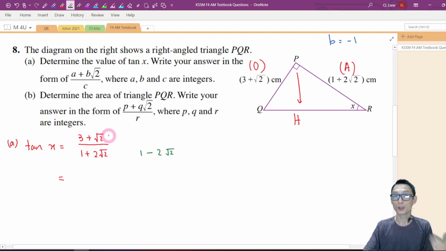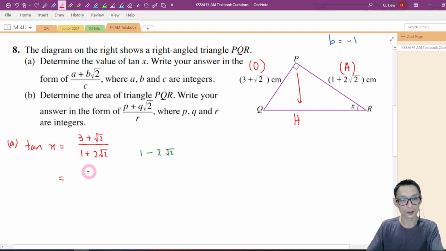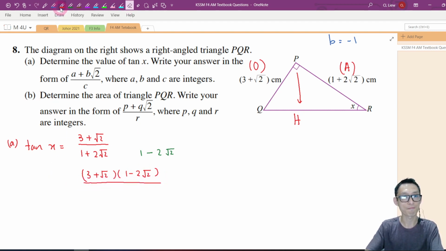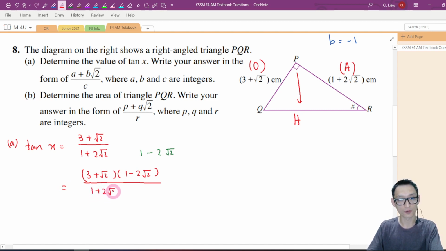So the numerator and denominator I'm going to multiply by this one. So 3 plus square root of 2 times 1 minus 2 times square root of 2. And how about this one? 1 plus 2 square root of 2 times 1 minus 2 square root of 2.